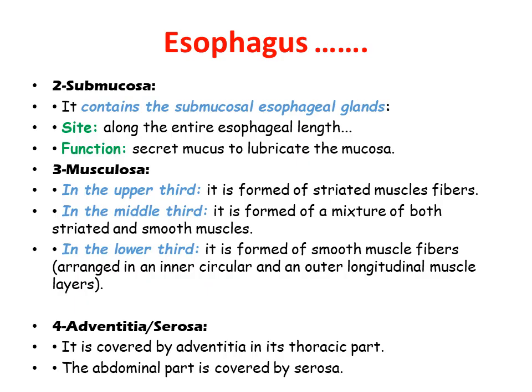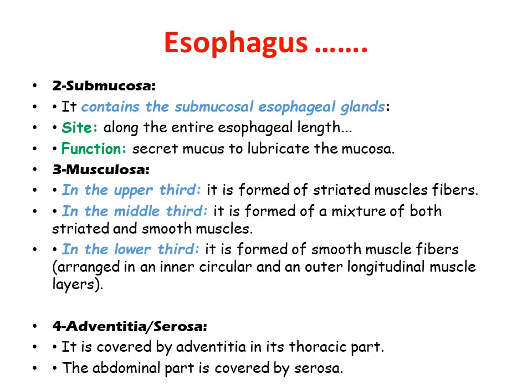The submucosa of the esophagus contains esophageal glands proper, as we said, and these are found along the entire esophageal length, different from the esophageal cardiac glands. Their function is to secrete mucus to lubricate the mucosa. The muscularis in the upper third of the esophagus is formed by striated muscle fiber.